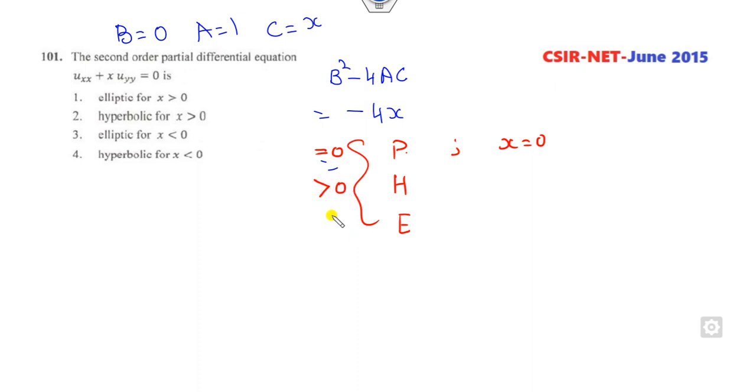Hyperbolic needs greater than 0, elliptical needs less than 0. So when will it be greater than 0? When x is less than 0. It is less than 0 when x is greater than 0. Elliptical when x is greater than 0, correct statement. Hyperbolic when x is greater than 0, wrong statement. So A is the correct answer.